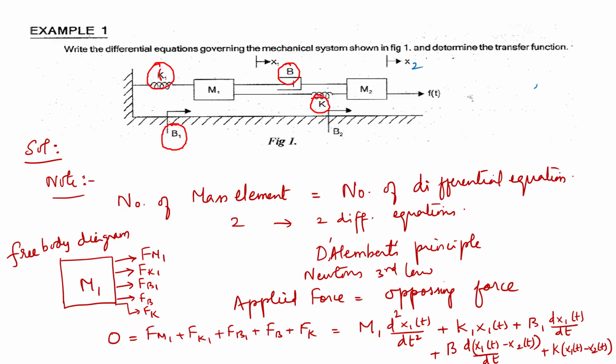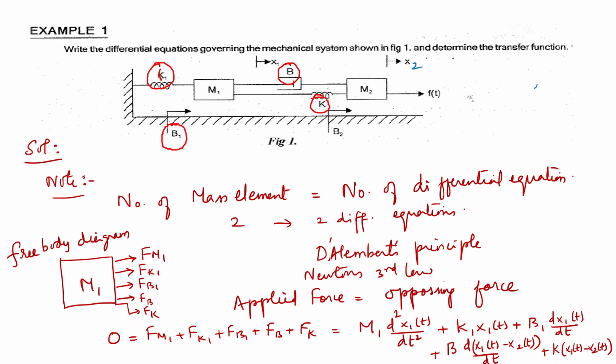So obviously, combining all these forces, the force on the mass element M1 itself and the forces acting on these bodies, we can write the force equation. 0 is equal to, because we are not having any direct force applied to M1, the applied force.